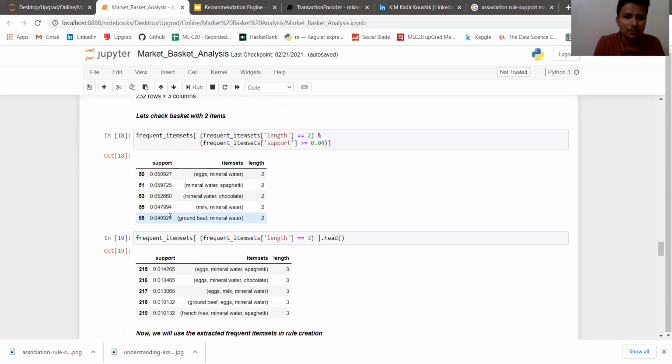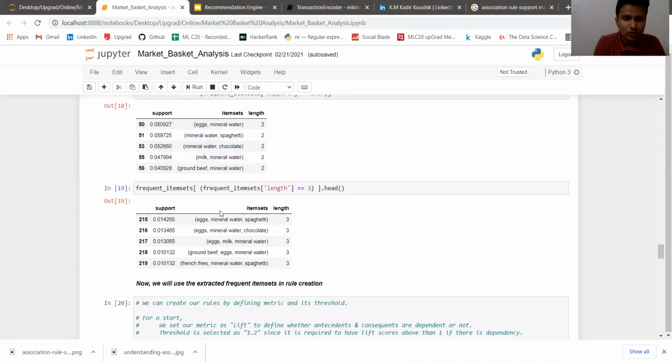Let's check baskets which have a length of 2, which means 2 items, and support of at least 4%. So yeah, here you go. This is the code. Let's also check for baskets which have about 3 items.